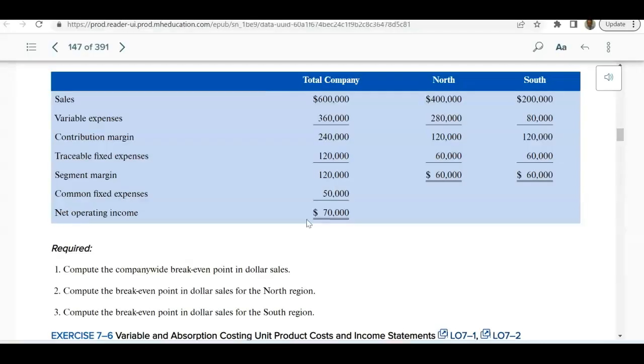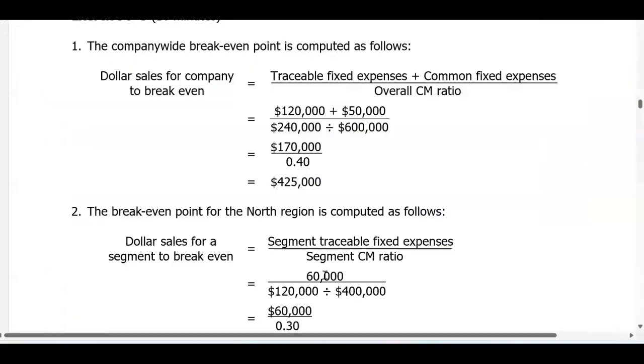Let me show you what it is: 240 divided by sales, 240 by 600.